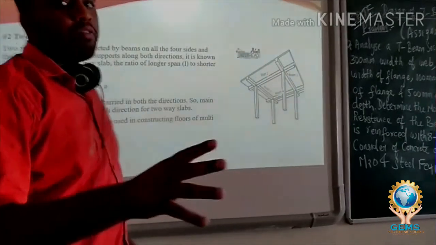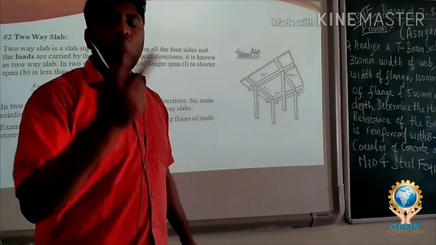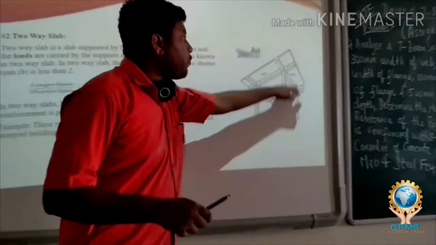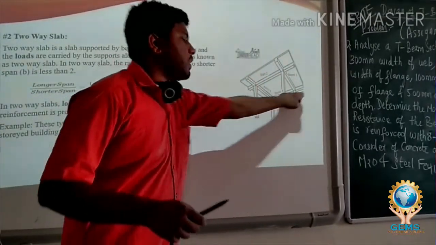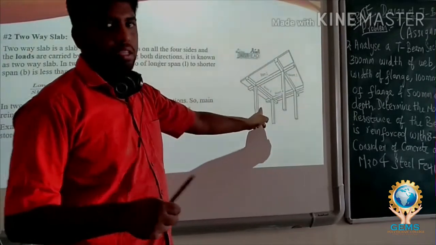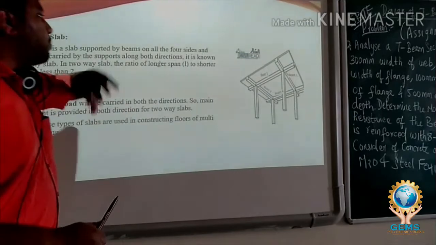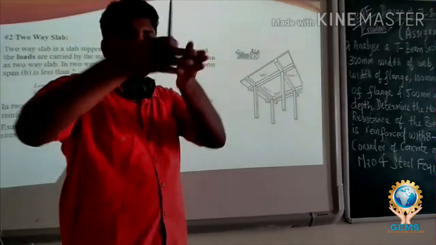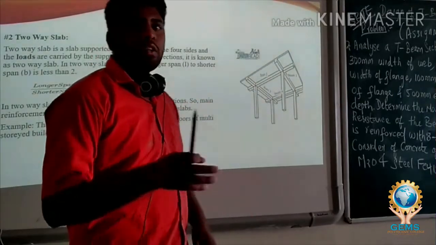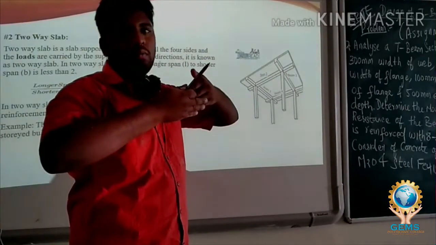The difference from a one-way slab is that a one-way slab is supported by beams on only two sides. But in a two-way slab, all four sides, this side, this side, this side, this side, are supported by beams, as you can see in the picture. In a one-way slab, the loads are carried in only one direction. But in a two-way slab, the loads are carried in both directions, this side also, and this side also.